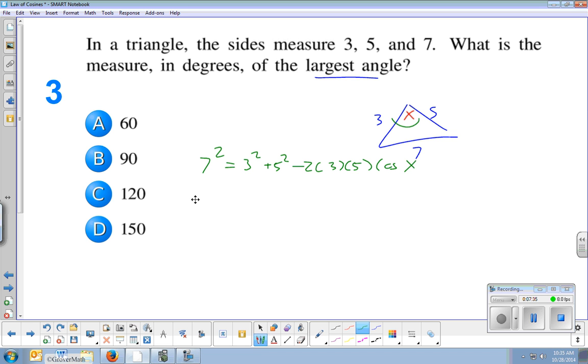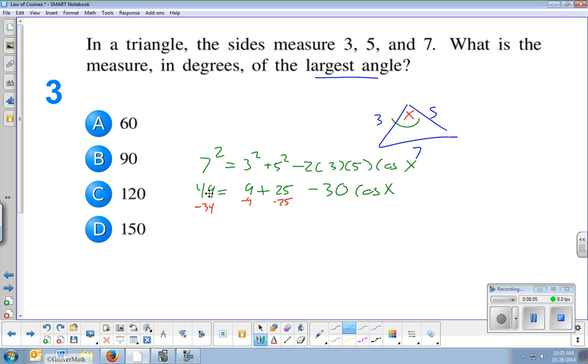And evaluate. 49 equals 9 plus 25 minus 2 times 3 times 5 is 35. Right? Oh, no, I think that's 30. That's 6 times 5. Negative 6 times 5 is negative 30 cos X. Subtract the 9. Subtract the 25, which is a total of subtracting 34.